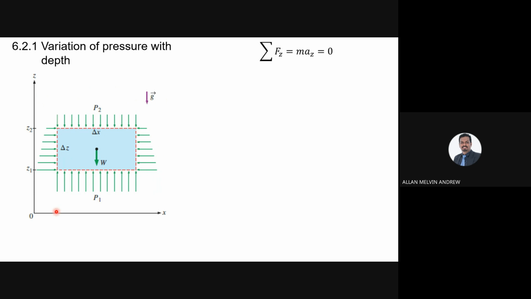Unless a part of it is mercury, then even though it is at the same point, the pressure won't be the same. Similar here. On top, the pressure is lower than the bottom. At the bottom we can see the height Z1, so the pressure P1 is all uniform. Here it will increase because of the depth.